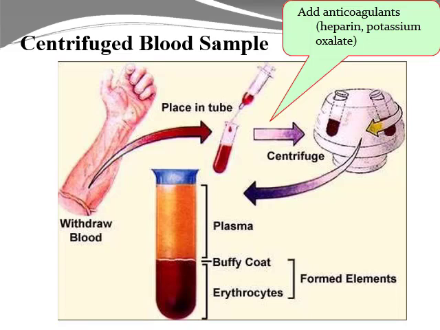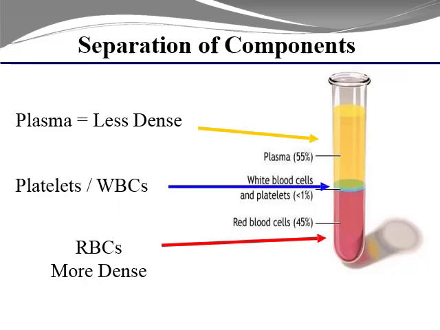The majority of the blood, as we have seen, is plasma, around 60%. Plasma remains at the top, being the less dense one. The most dense are the RBCs, so they settle at the very bottom. Then we have WBCs and platelets, and at the very top we have the plasma.